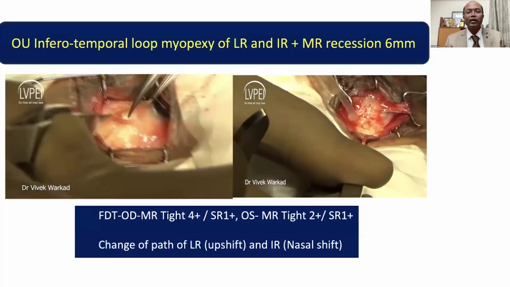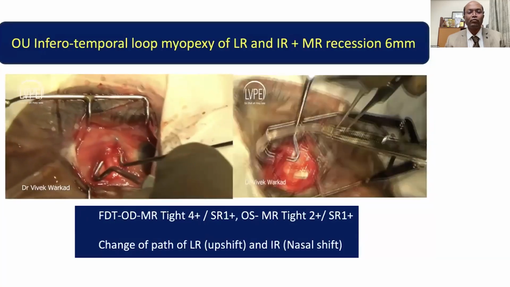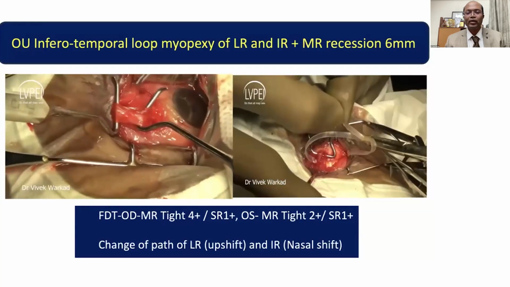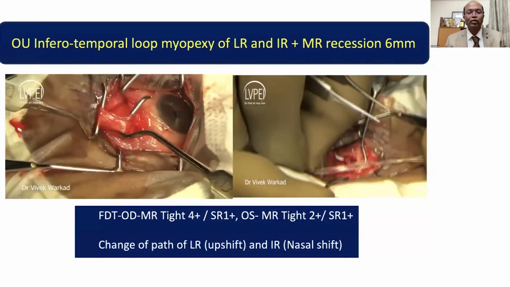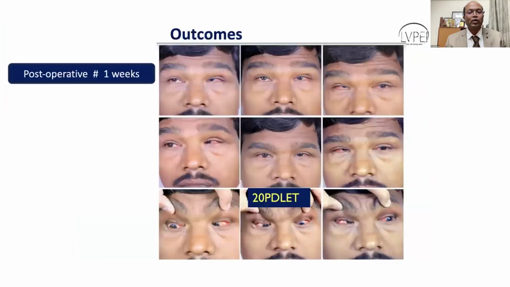Again, being very high myopic eyes, you have to be extremely careful to do the scleral tunnels, and also be aware of the tightening, how much you need to tie for getting good outcomes. At 1 week follow-up, you can appreciate there is a remarkable improvement in his esotropia.